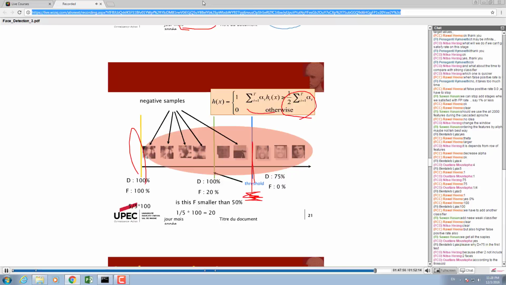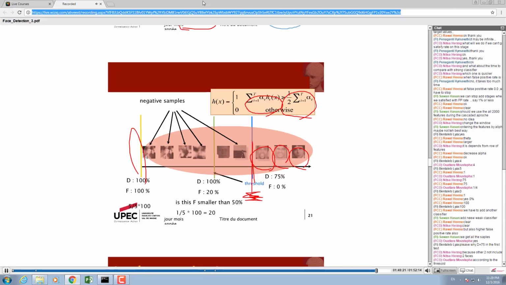If we apply it to all the samples, we can calculate the sum of alpha weighted classifiers, the left side number. And three of these samples, 1, 2, 3 faces, were classified as yes.